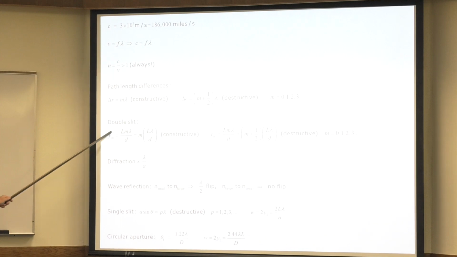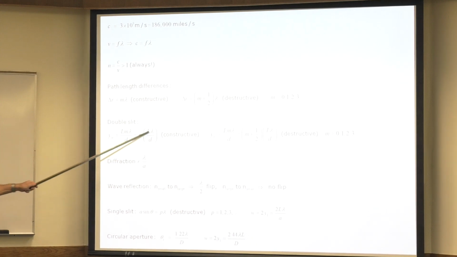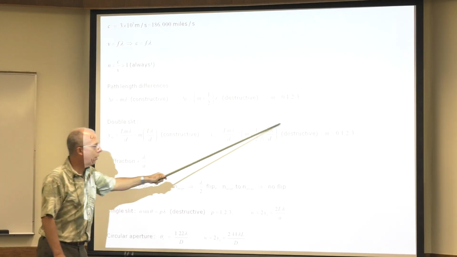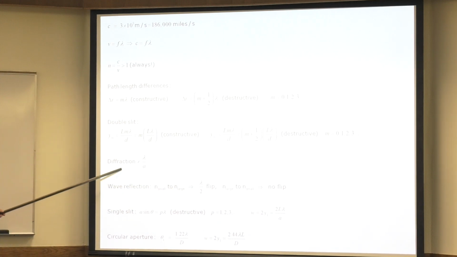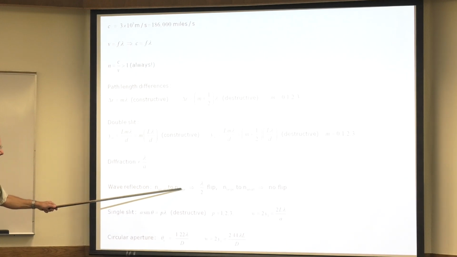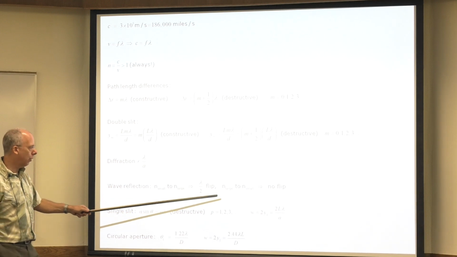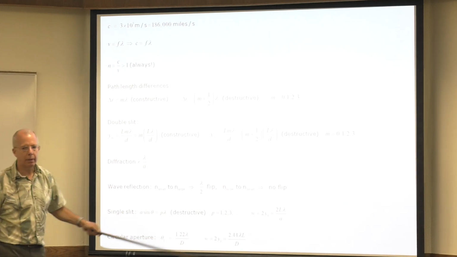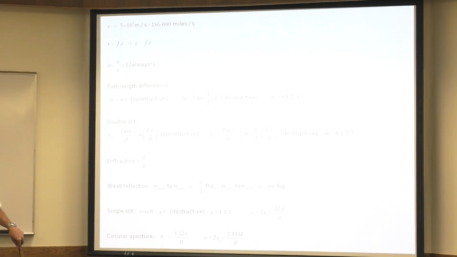We derived all of these double slit equations, and you better know how to do that. Diffraction is proportional to lambda over a. And then we did this wave reflection thing. If you go from small n to large n on a reflection, you get a lambda over 2 flip. Go from large to small, no flip. And we talked about the analogy with a discontinuity in a rope.